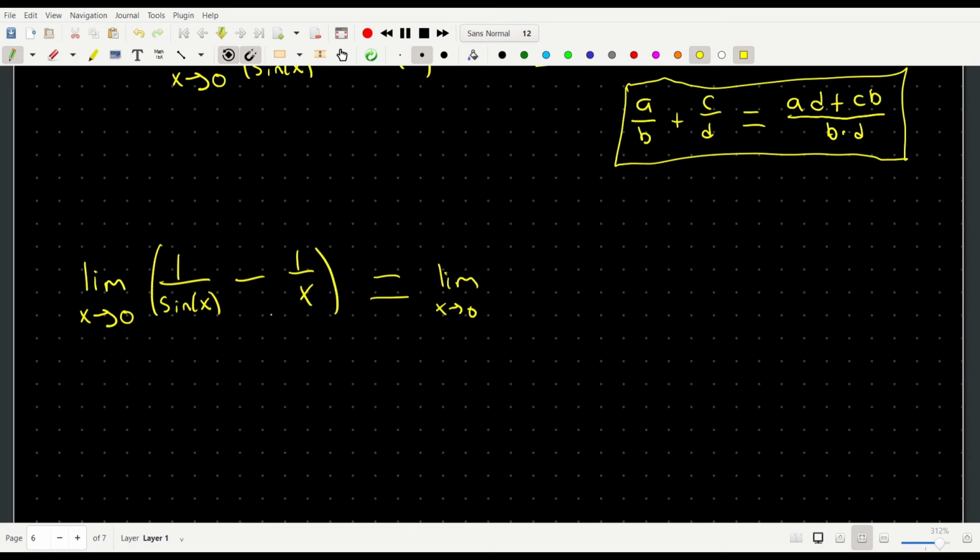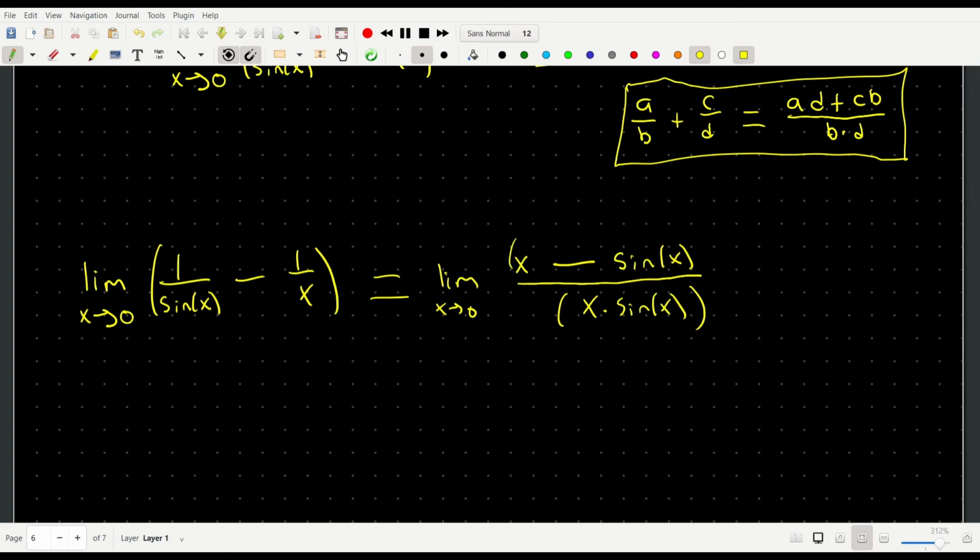So when we rewrite this expression, this is going to be the same thing as x times x minus sine of x, all divided by x times sine of x.